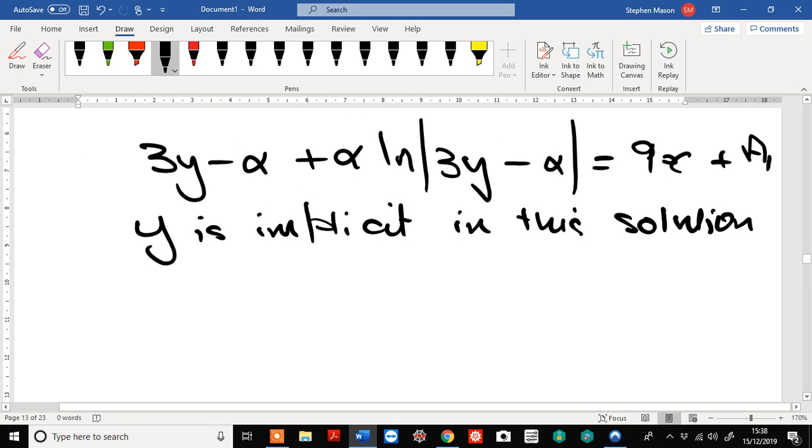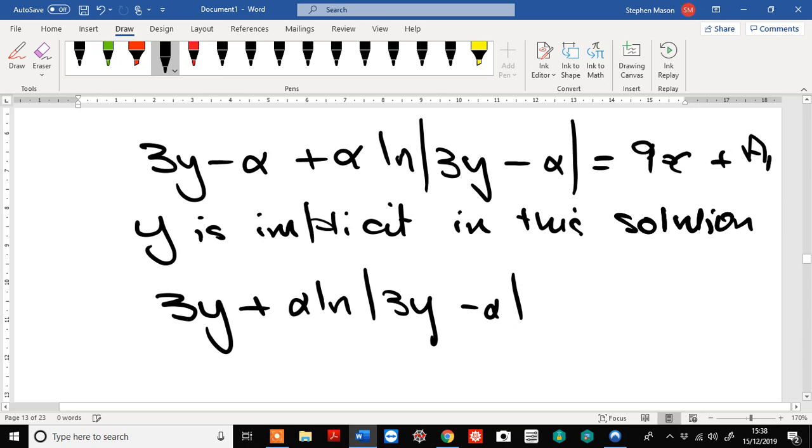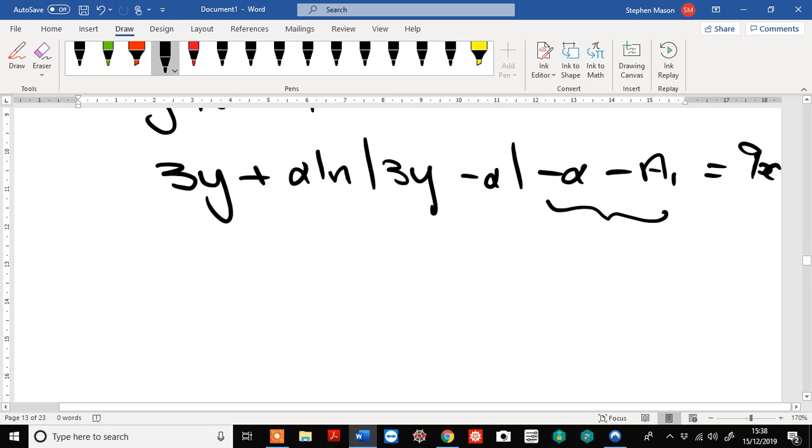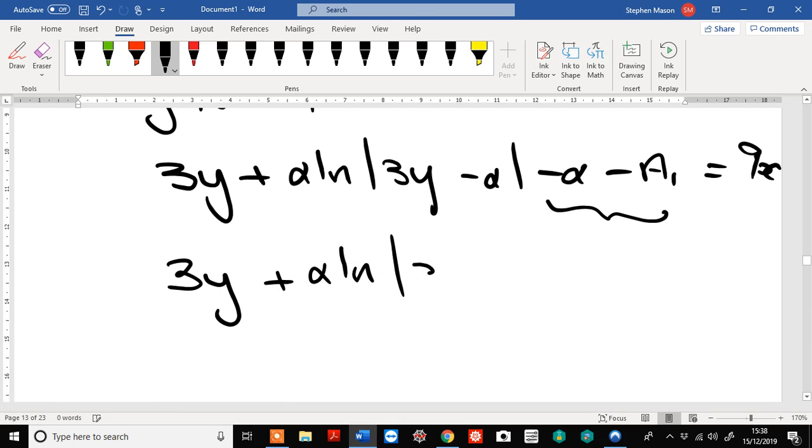So what we can do is we can just say that 3y plus alpha log 3y minus alpha minus alpha minus a1 equals 9x, and we don't want two constants in, so we'll just call that beta, and we have 3y plus alpha log 3y minus alpha plus beta equals 9x.